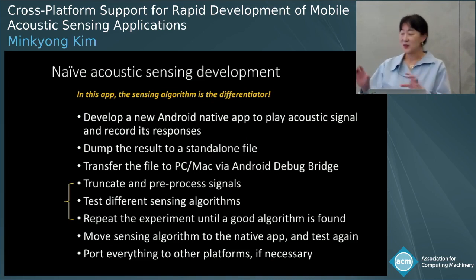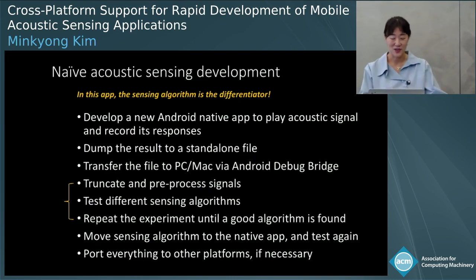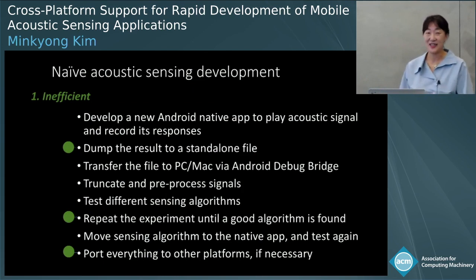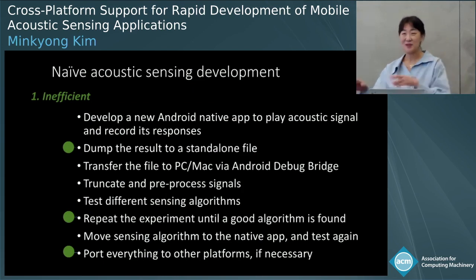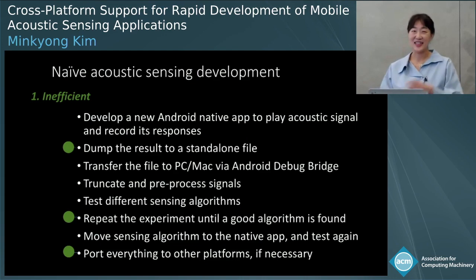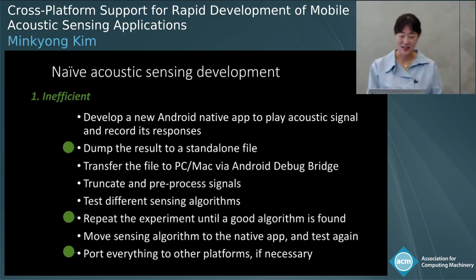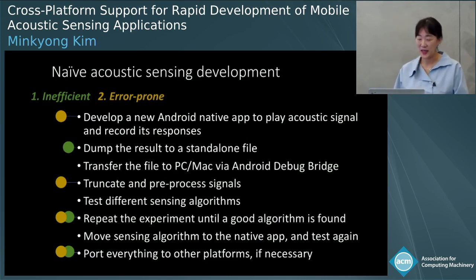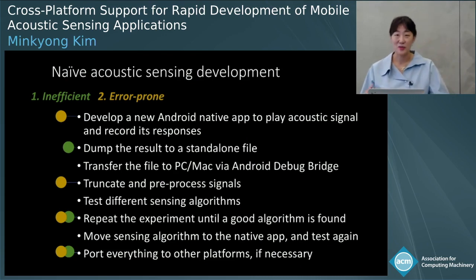I just want to point out that these three steps are typically done in MATLAB, but it's only available on the desktop version. So that's why there is a burden of going back and forth. So what are the problems, right? It's definitely inefficient, because you have to dump all those signals, move the file to the desktop, and test all these things, right? And then it's error prone, because depending on the hardware, there are so many things that are very specific to different device models.